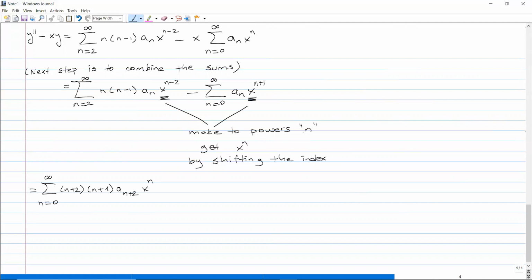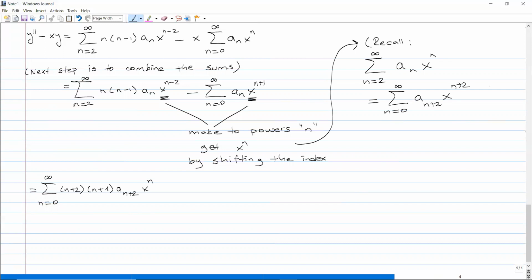So maybe recall, if you have n from 2 to infinity of a n x to the n, then when you start n from 0, you shift the index inside by 2 units. So this is what I used here.